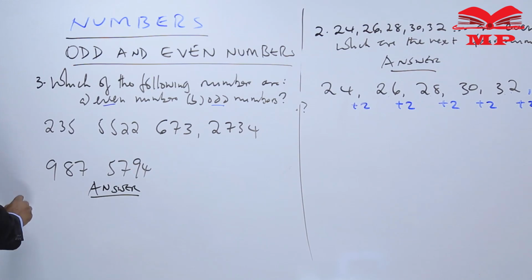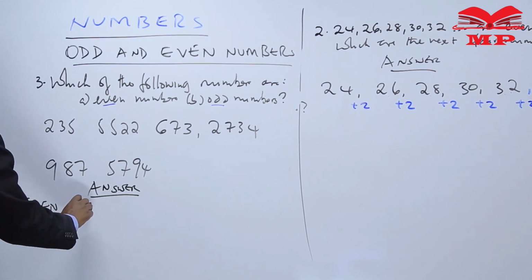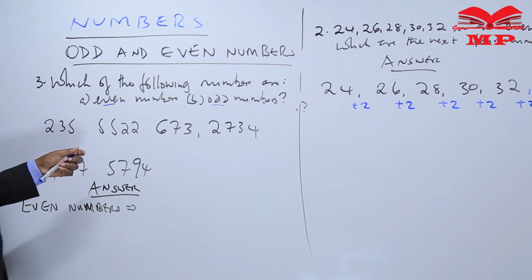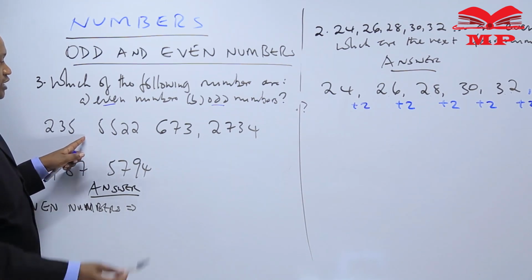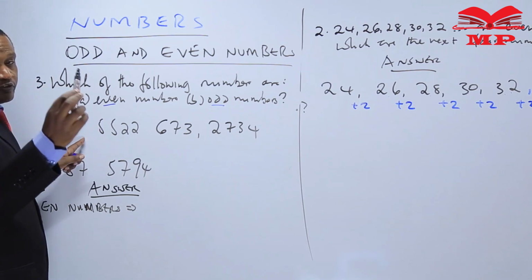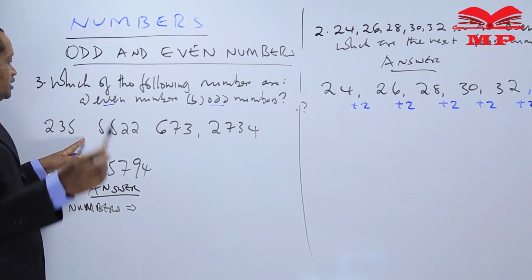We start with the even numbers. Even numbers will be any number that ends with 0, 2, 4, 6, 8.